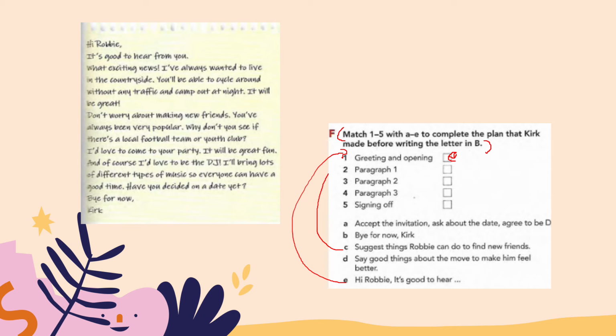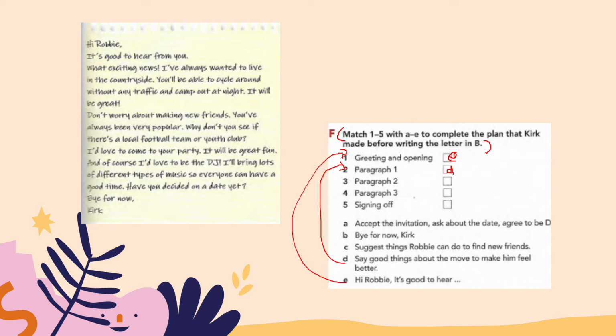Okay, for the first paragraph, he replies on the countryside. So the answer would be: say good things about the move and make him feel better. So that will be for paragraph 1. So number 2 would be D.